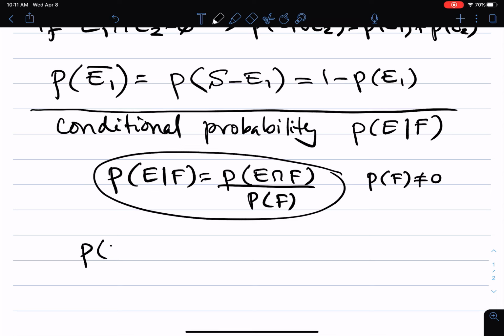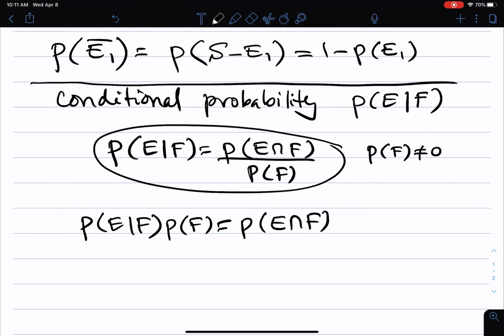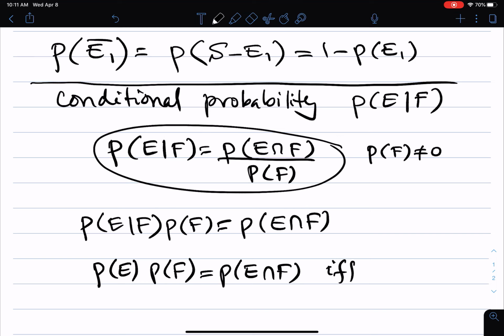If you look at this, what this says is that the probability of E given F times the probability of F is the probability of E intersection with F. Okay, now if you do the calculation here and you find that P of E times the probability of F is the probability of E and F, this is basically saying E and F are independent.